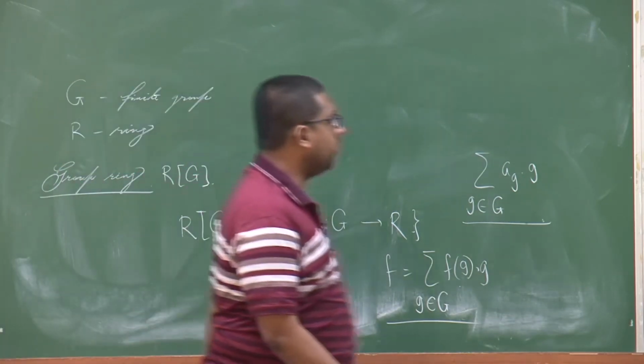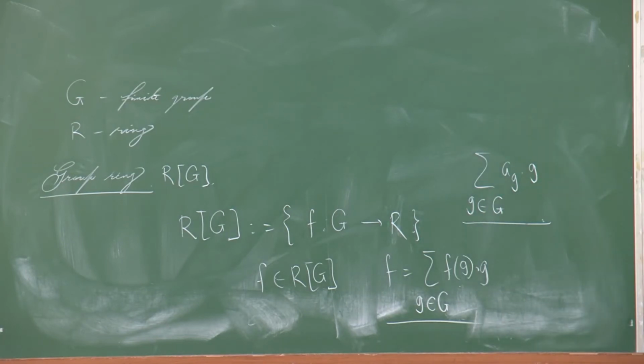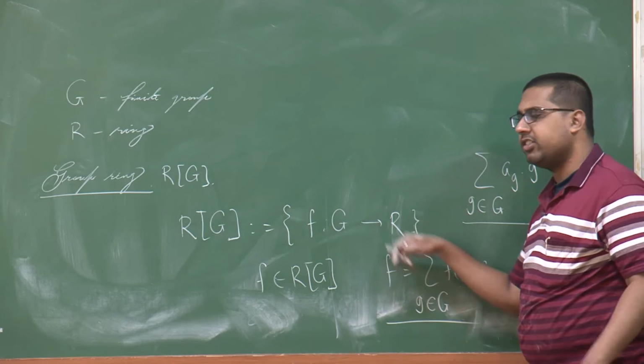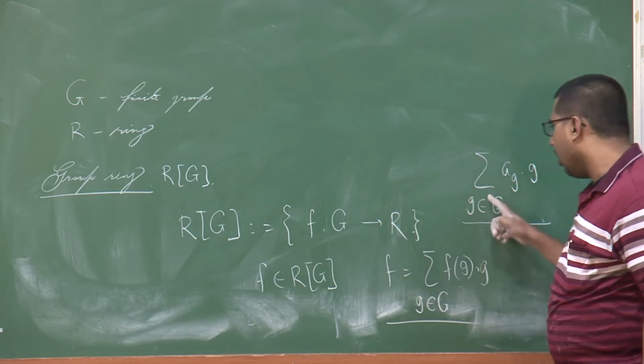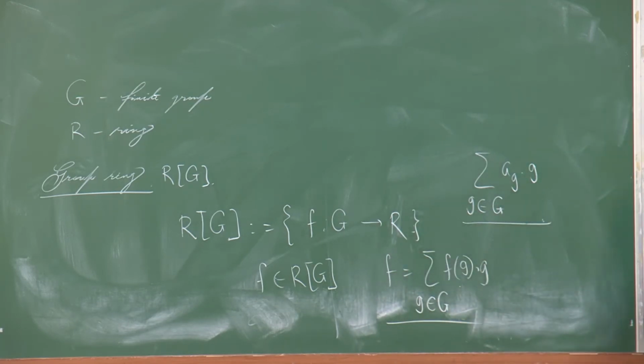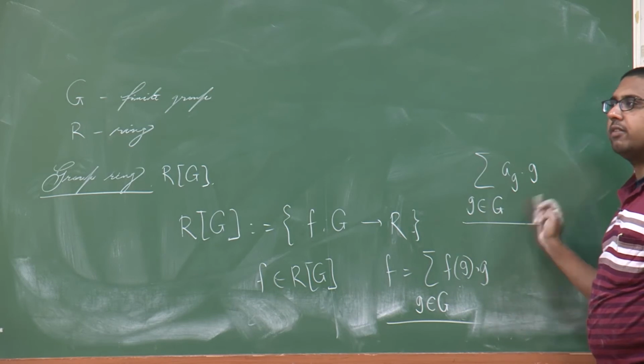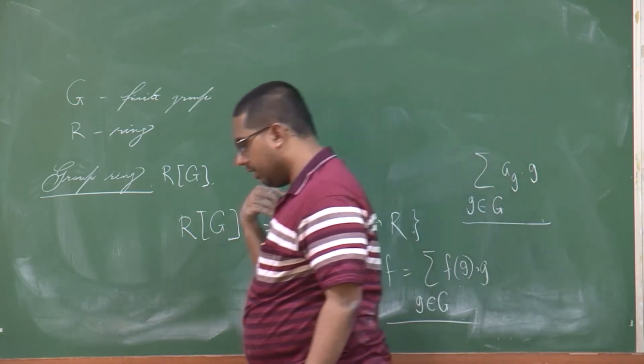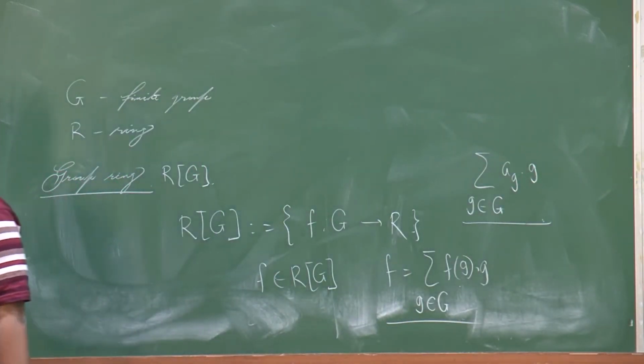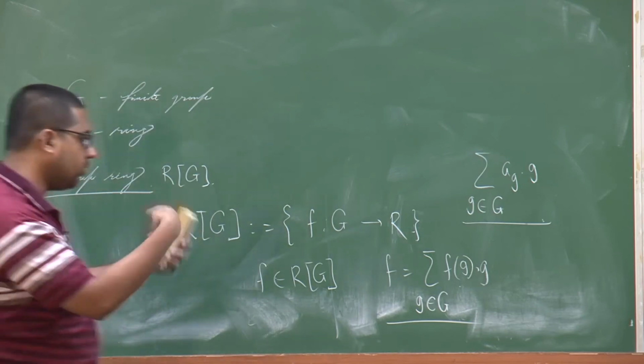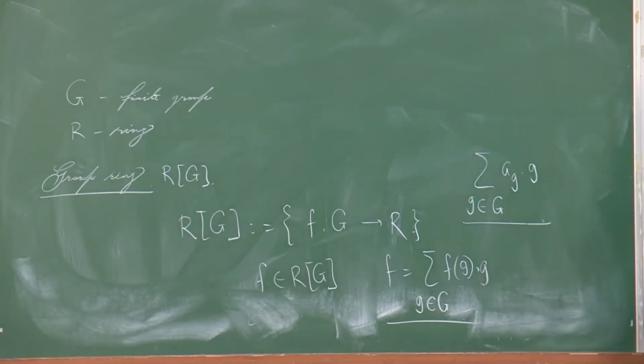Now we want to talk about the addition of such functions. The addition is exactly the same as the pointwise addition of two functions. In case of polynomials also, this kind of notation makes our life easier and makes it easier to see how things are being done.